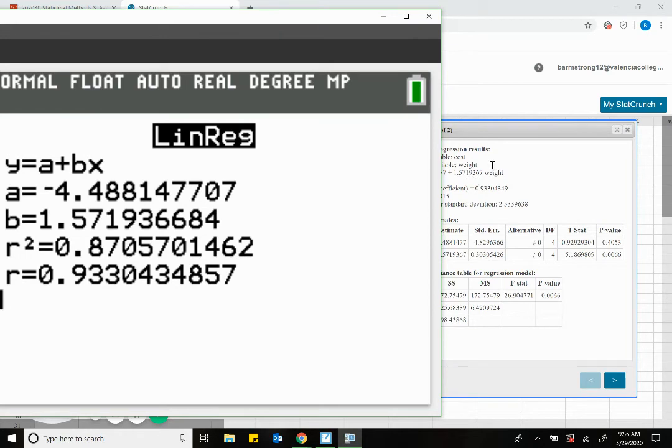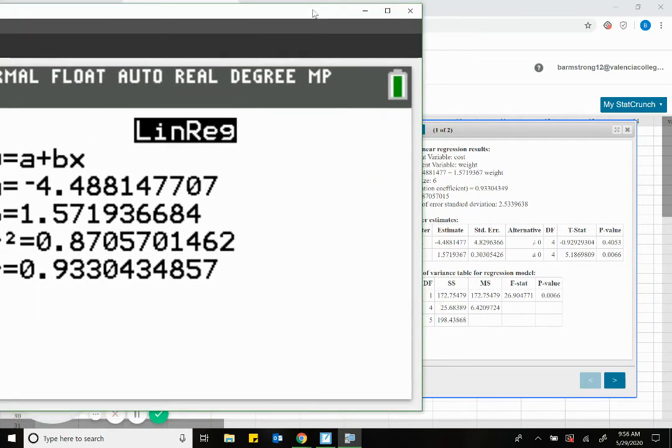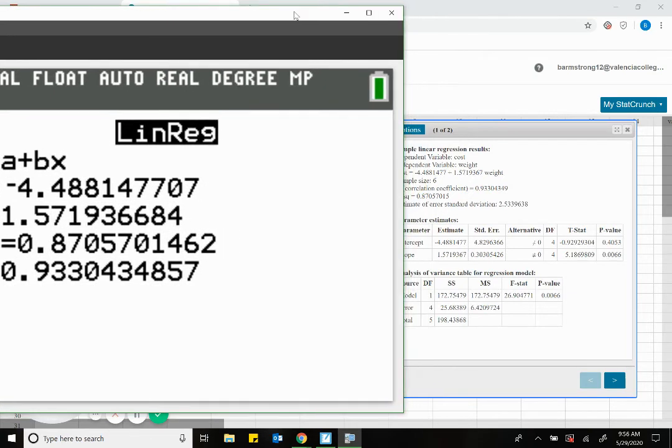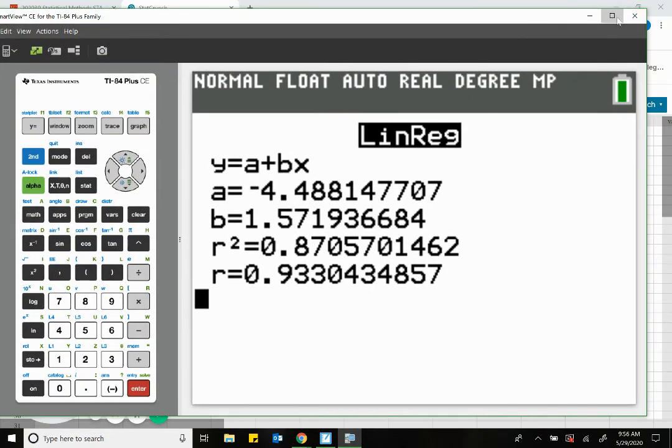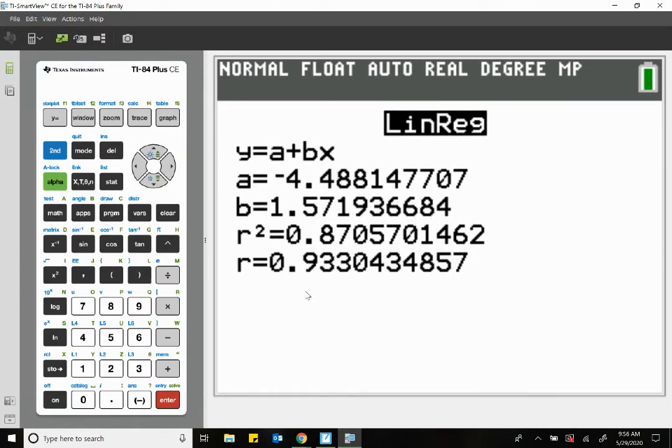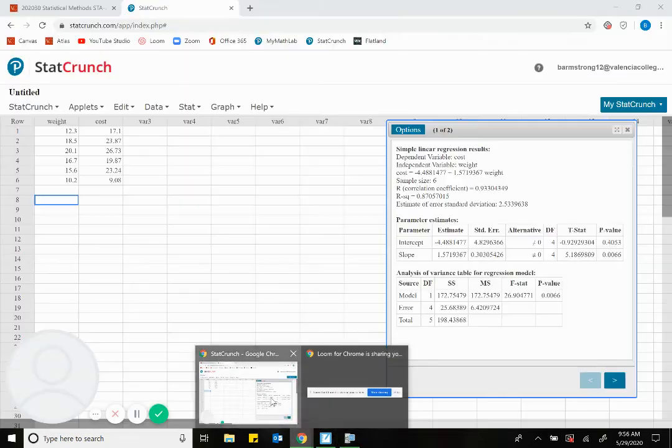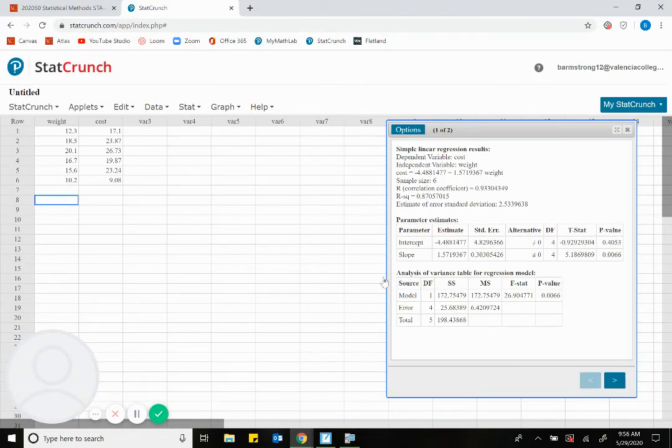Yeah, and it just rounded right there. So that's looking good. And then negative 4.88. Yep. Yeah. We're matched now. Okay, good. So here is that 0.933. And then again on StatCrunch, it matches, 0.933.